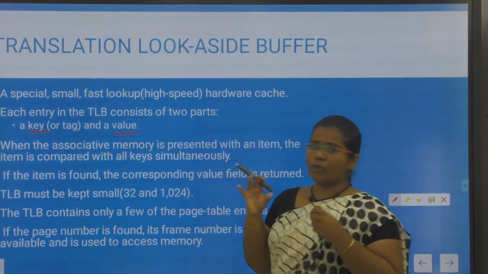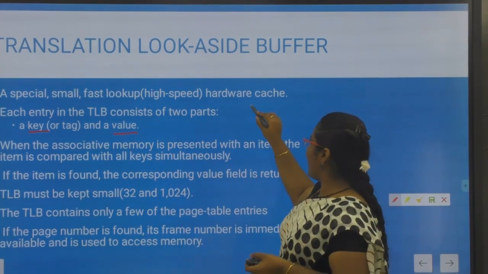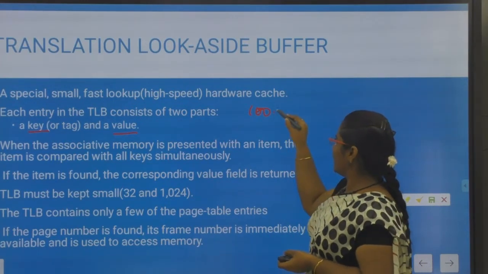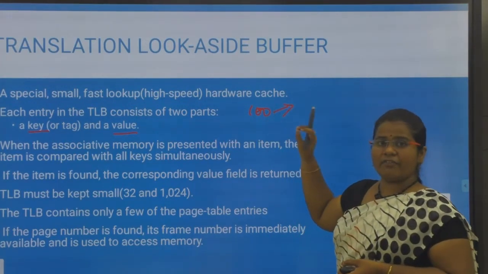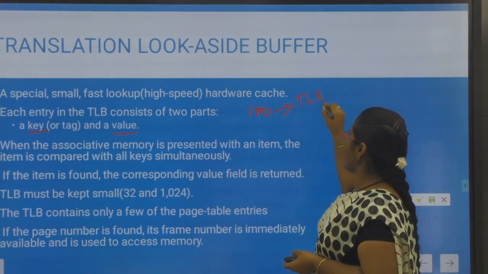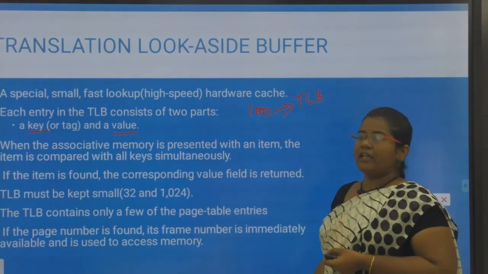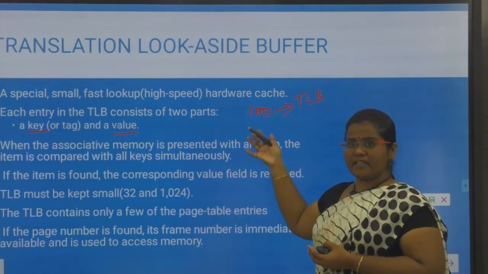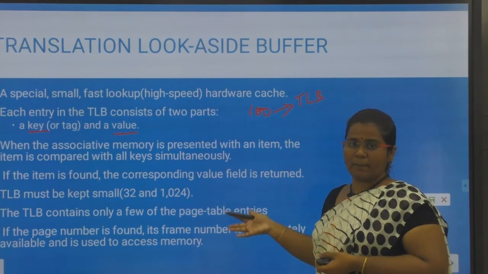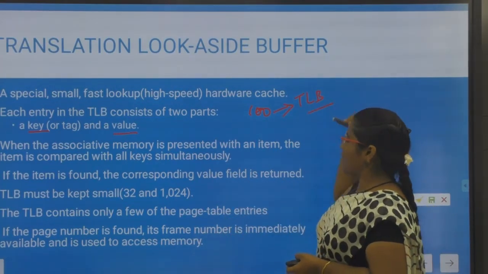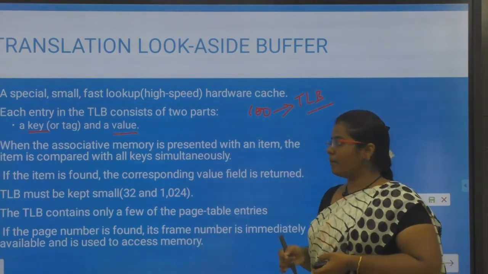Only a few entries. Suppose I have 100 pages in my process, I will put the most frequently visited pages into my translation look aside buffer, so that instead of checking all the pages in my page table which is present in main memory, I can simply check my translation look aside buffer.